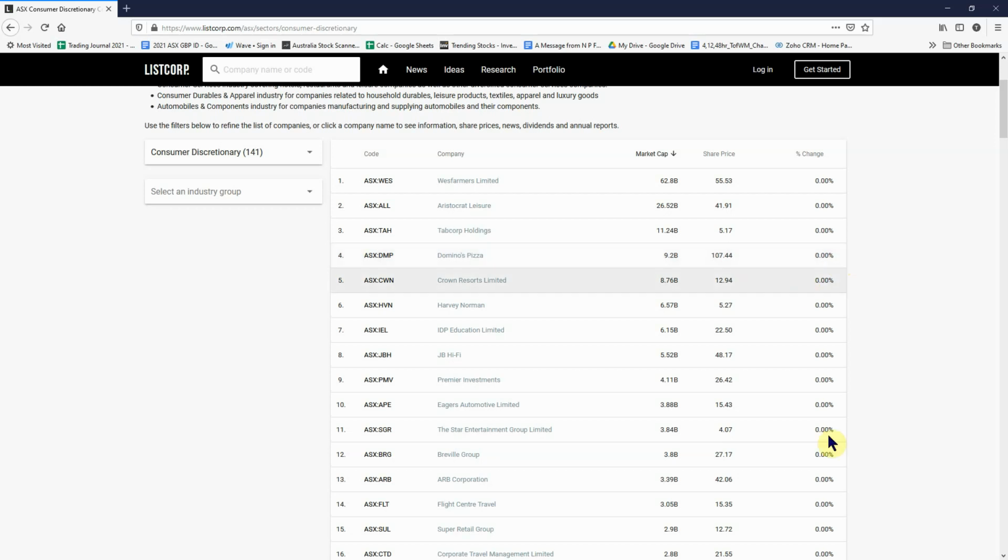I would say from looking at this so far, if we are trading long on that consumer discretionary index. So if I have understood correctly, you go to this website and identify 10 companies in a sector? Yep, the top 10, and we see the market cap and the share price.